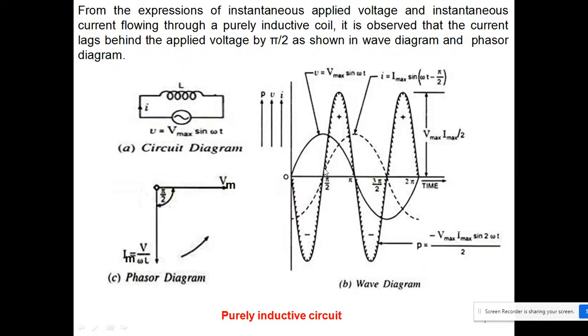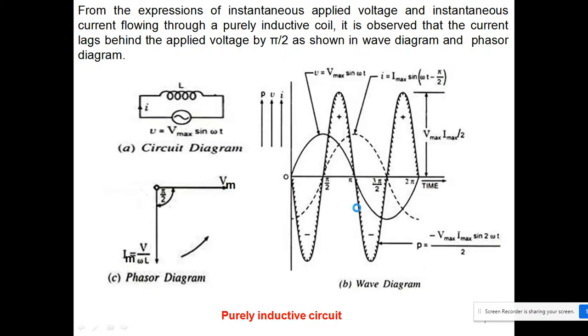So this is the half cycle of the current, from pi by 2 to 3 pi by 2. In the first quarter, the power is drawn by the coil from the source, and in the second quarter, from pi to 3 pi by 2, the stored magnetic energy is returned back to the supply.